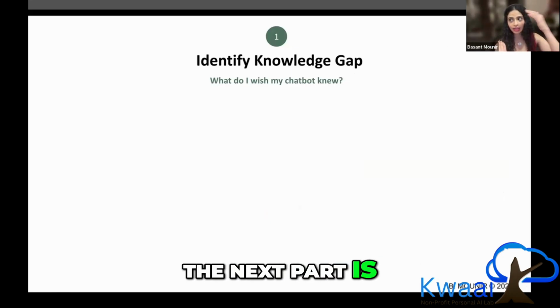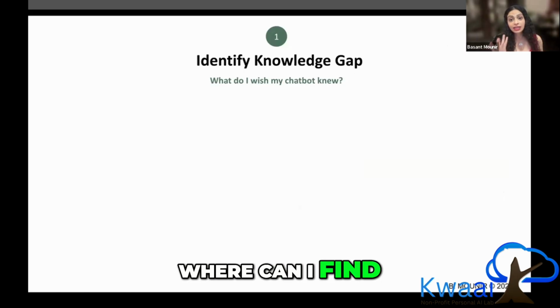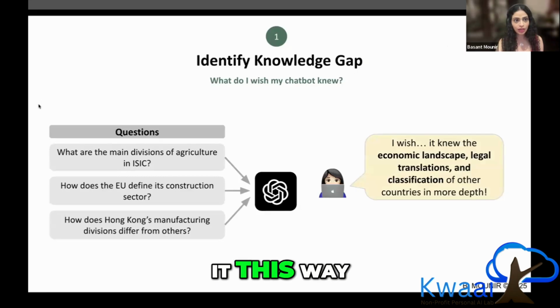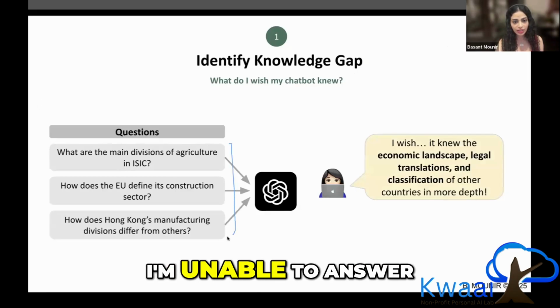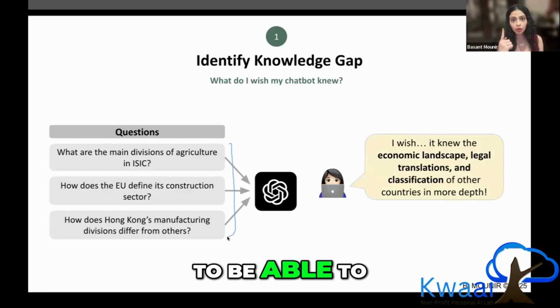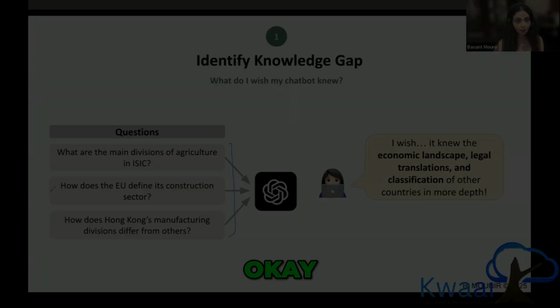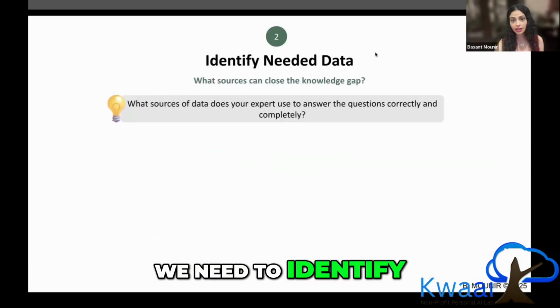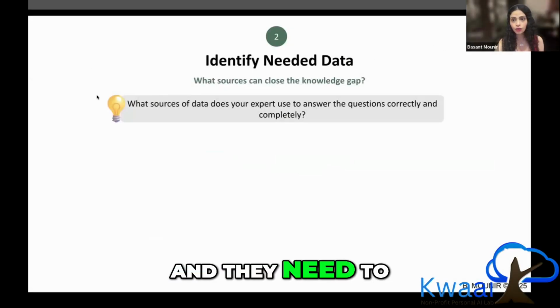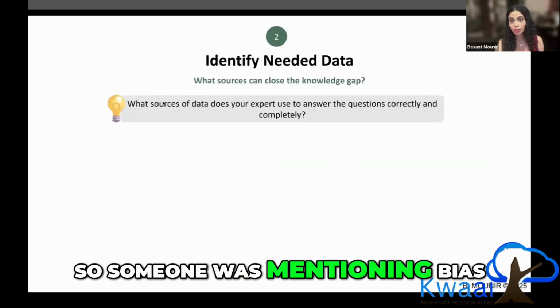the next part is, where can I find data that would fill that knowledge gap? You can think of it this way: these are questions I'm unable to answer, so where should I look to be able to answer them? In this case, we need to identify the needed data sources, and they need to fit our criteria. Someone was mentioning bias.